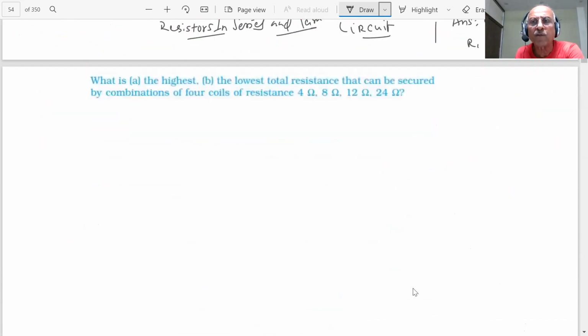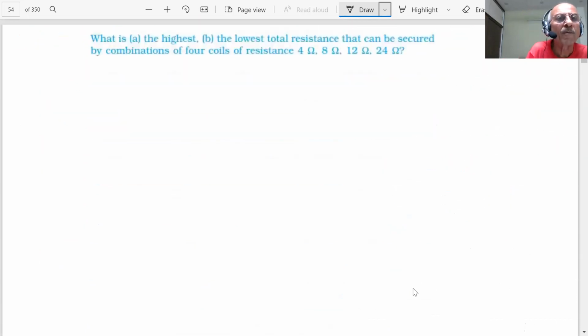Another question is coming, student, on the screen. What is the highest and lowest total resistance that can be secured by combination of 4 coils? You have 4 coils, student. The resistances are given.